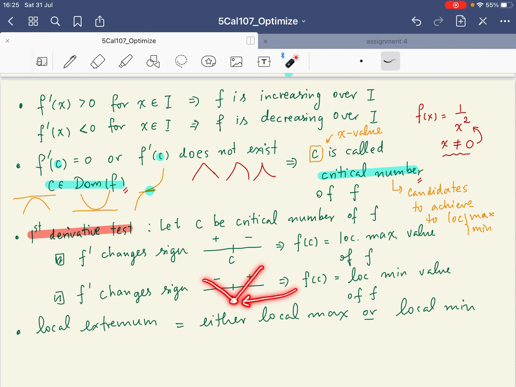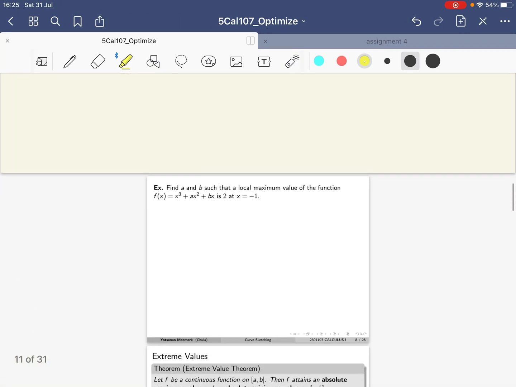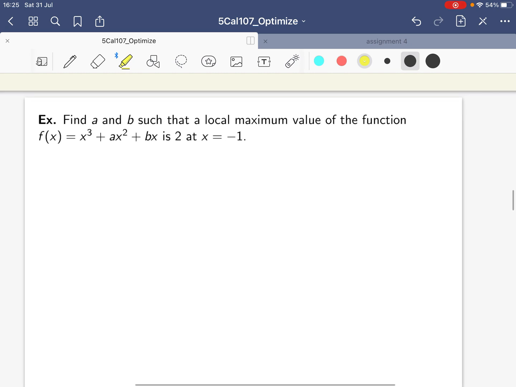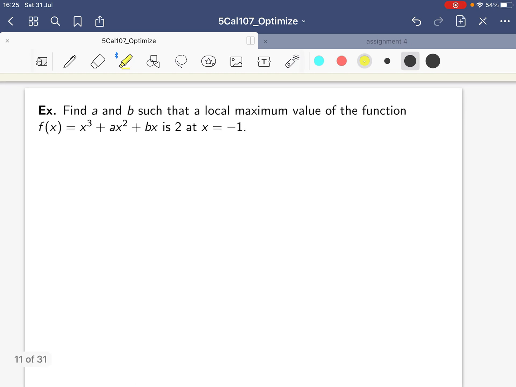So f(c), the y value at this point, will be a local minimum value of the function. And local extremum is another terminology: the extremum can be either a local max or a local min. Let us look at one more example about the local maximum or local minimum value.